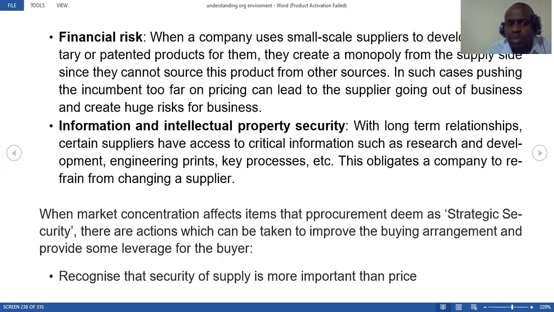Then the issue of information and intellectual property security. Here we are saying when you build a long-term relationship with your suppliers and they have access to critical information, they might end up using that against the organization, and this will affect the operation of that organization.